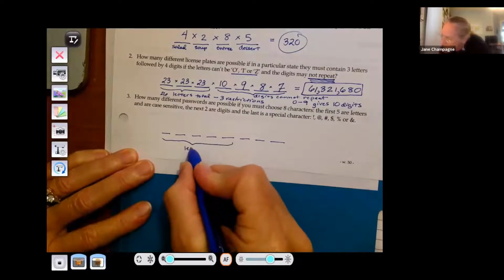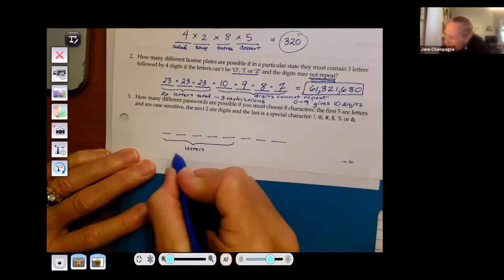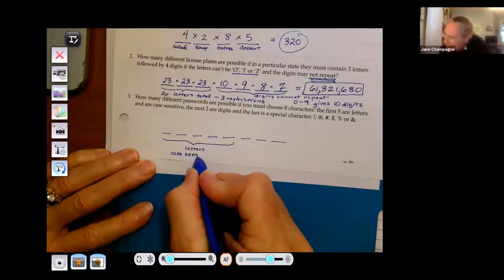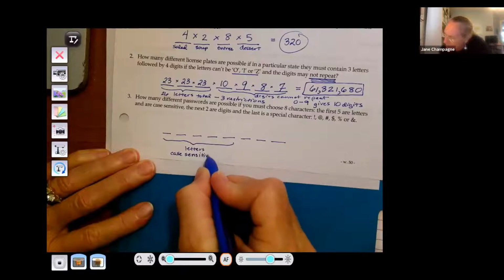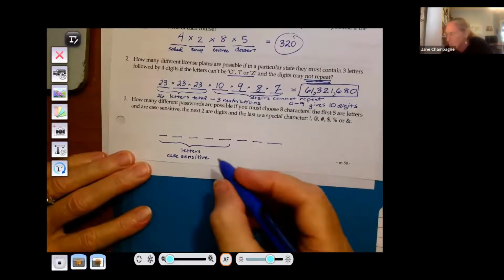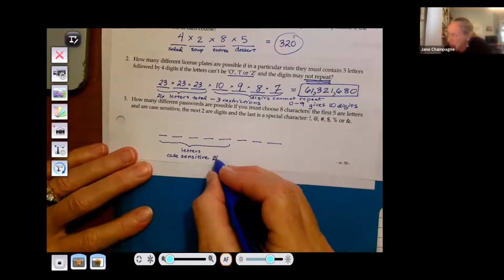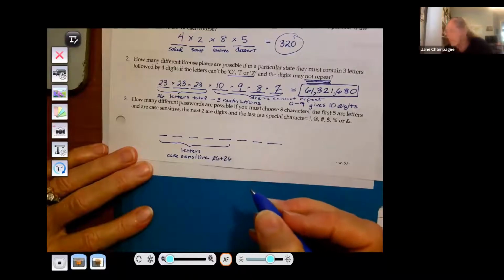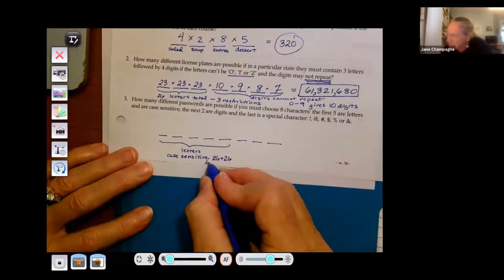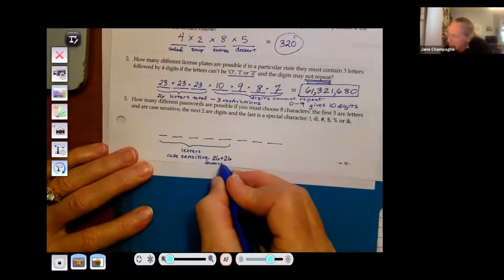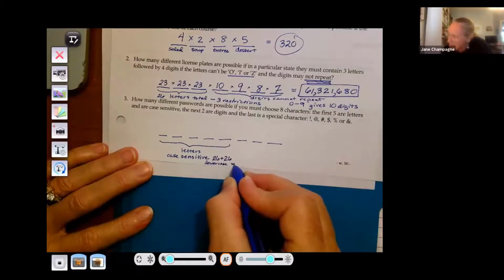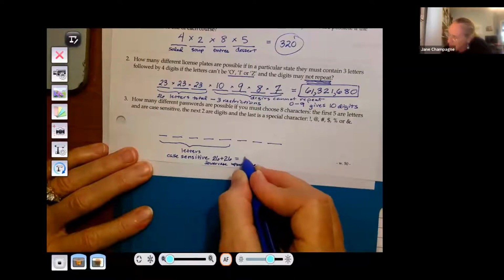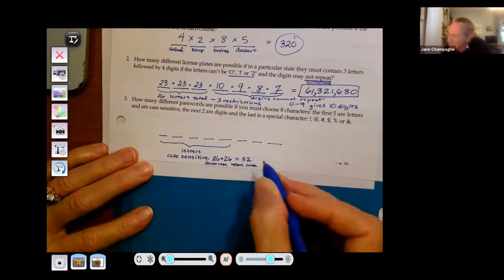So these are letters. And of course, case sensitive means that lowercase is different from uppercase. So that means you've got the whole alphabet twice, right? 26 lowercase and 26 uppercase gives you a total of 52 options.